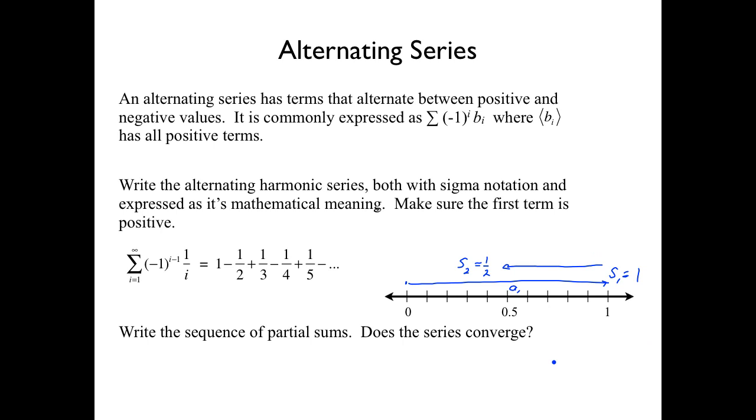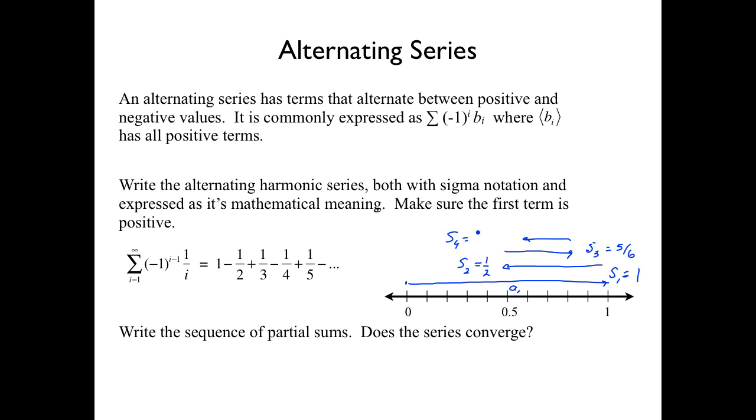Now I'm going to add a third. So what's S3 now? 1/2 plus a third is 5/6. And now I'm going to subtract a fourth. So my A4 is minus a fourth, making S4 what? S4 is going to be 5/6 minus a fourth.